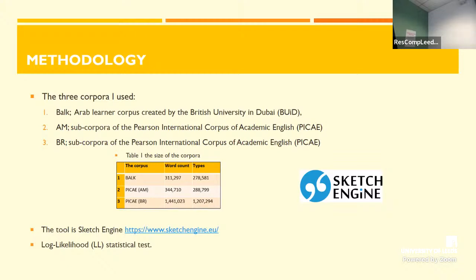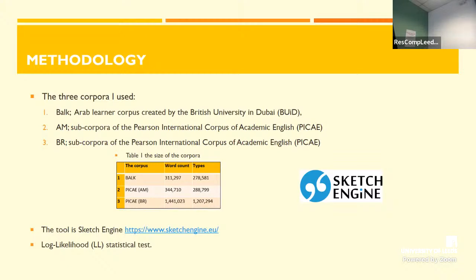The corpora I'm comparing my corpus to are 2 subcorpora of the First International Corpus of Academic English. The first one is American, which here I describe as AM, and the second one is British, which I describe as BR. I filtered all 3 corpora to make sure that they are similar.